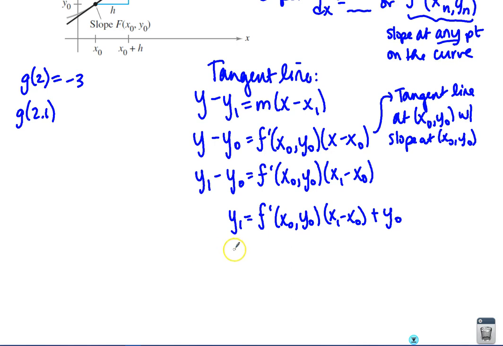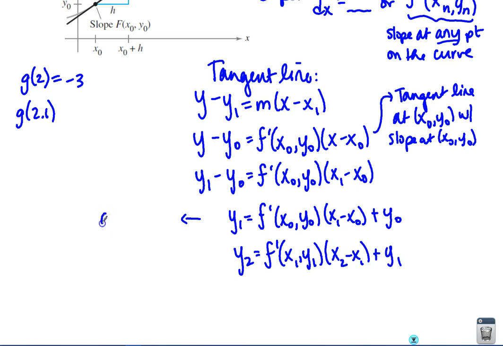Using the same pattern, I would use the slope at my previous point, x1, y1, times x2 minus x1 plus y1. Do you see the difference? This is to approximate x1, y1. This is to approximate x2, y2. I use the information from my previous point, both the slope and the point itself, to come up with my values for my next point.